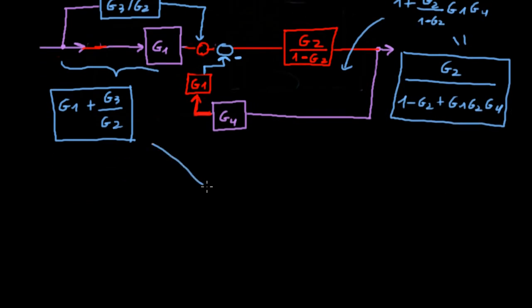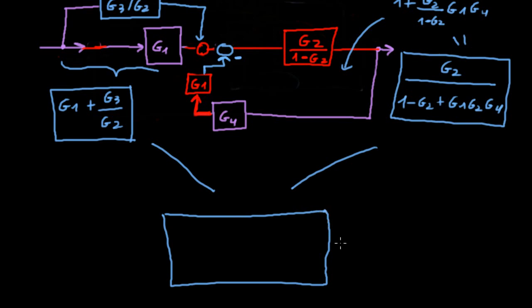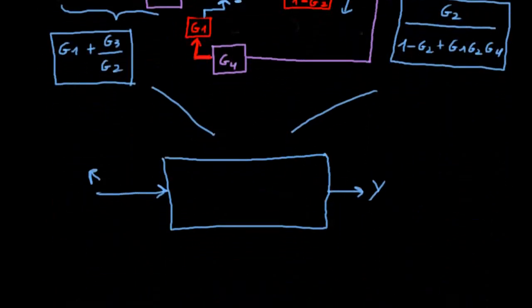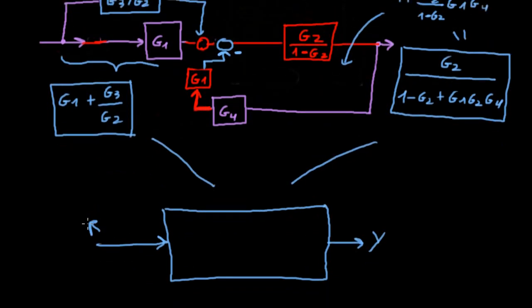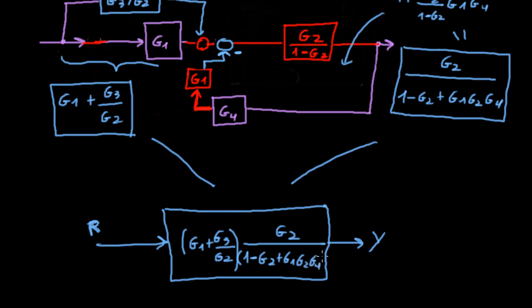And if you put both functions in series, the overall solution with our y here and our, I don't know, r here, well, there's no origin, okay, let's call it r, would be G1 plus G3 over G2 times G2 over 1 minus G2 plus G1 G2 G4.